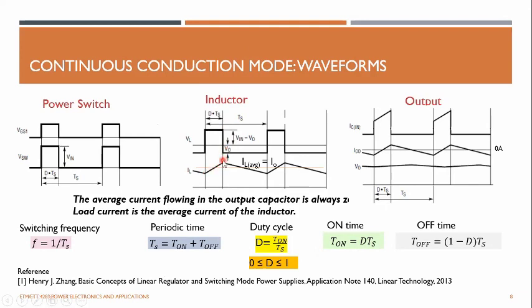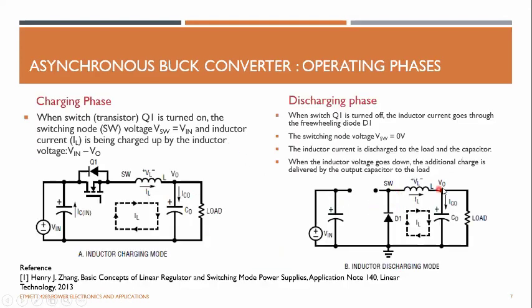And when you turn off the inductor, the inductor voltage now becomes the output voltage V out, right? So when you turn off, this voltage is V out, and the switch node voltage is literally 0 volt. So it is 0 minus V out, which is minus V out. So the inductor voltage is minus V out. Earlier we had V in minus V out.